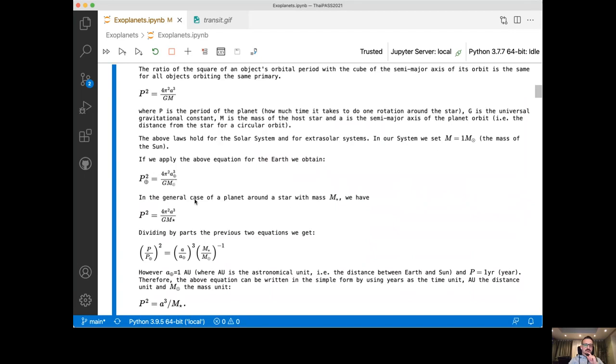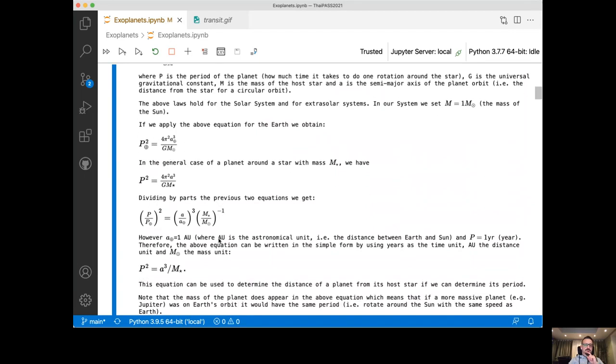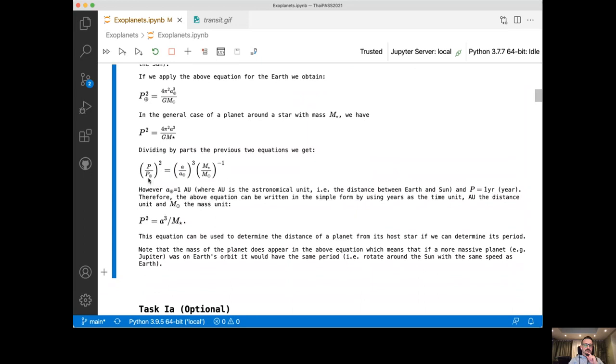Then what I do here is I divide those 2 equations, and I get this equation here. By doing this division, all the constants just go away. We know that for the Earth, the semi-major axis is 1 AU, that's the astronomical unit, and the period is 1 year.